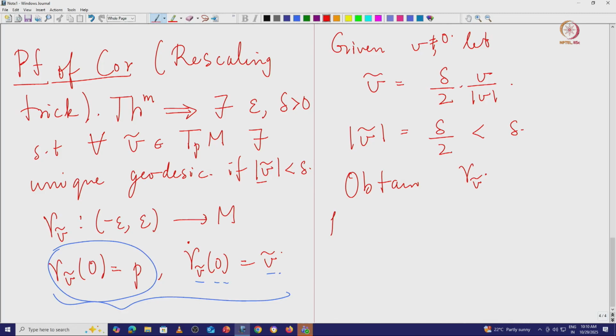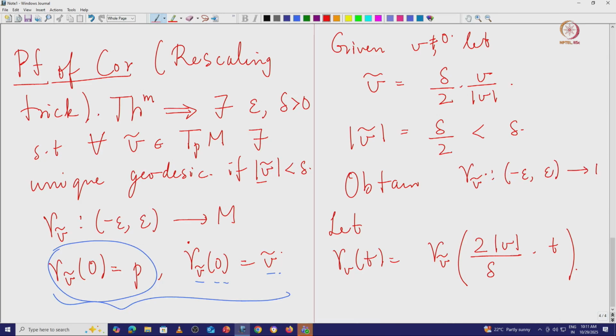So let gamma v of t be given by gamma v tilde of 2 times norm v by delta times t. Okay. So firstly remember gamma v tilde lasts from minus epsilon to epsilon, right.